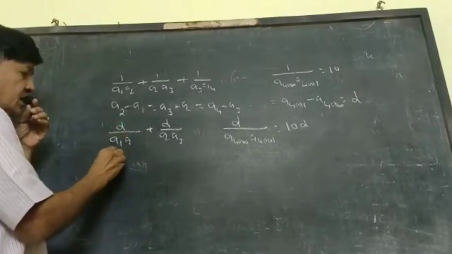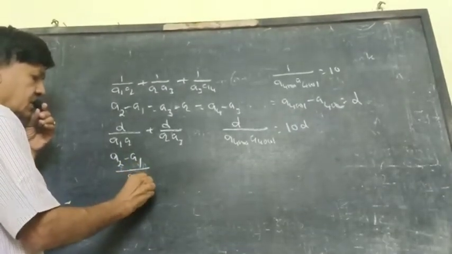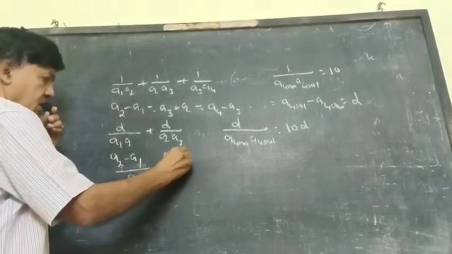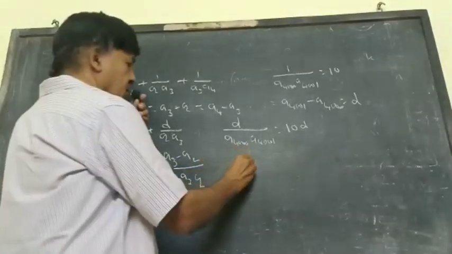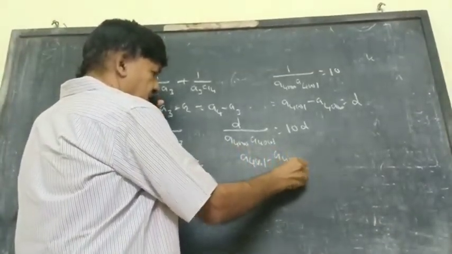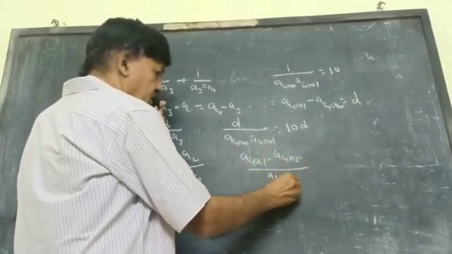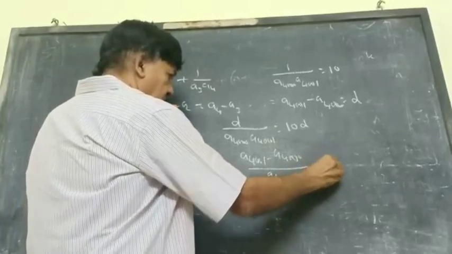You replace D with A2 minus A1 by A1 A2, A3 minus A2 by A3 A2, up to A4001 minus A4000 by A4000 A4001 is equal to 10D.